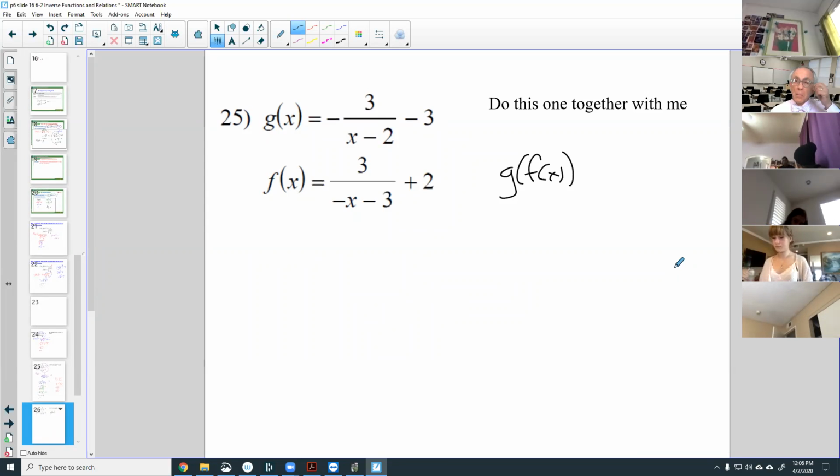Mr. Jenkins, I have a question. Yes. I'm just not really sure where to start. I have the original equation written out, but I don't know what the first thing to do is. So what do you have written down? Negative 3 over negative x minus 3 plus 2 minus 2.